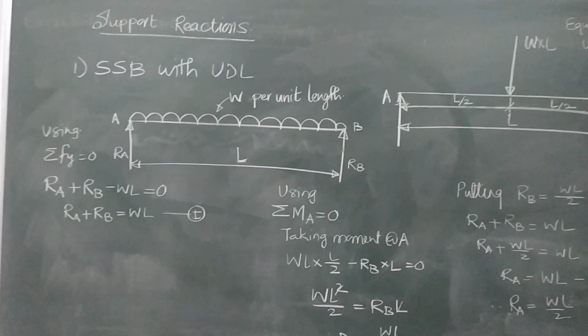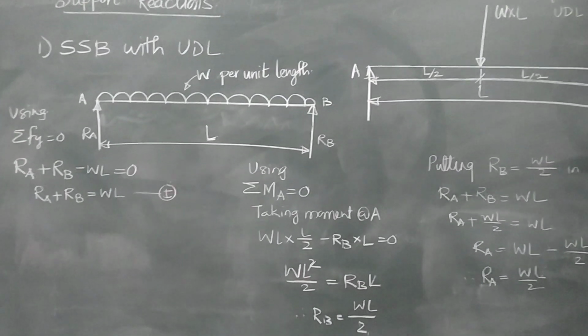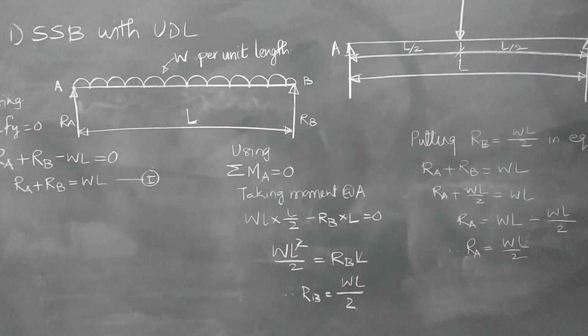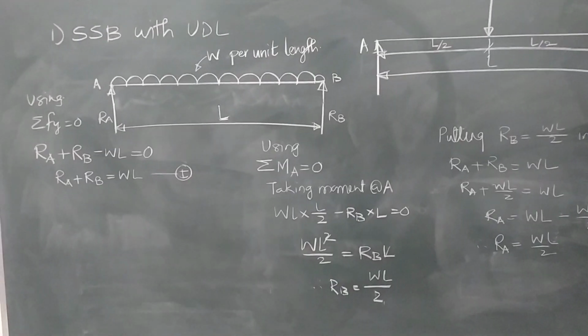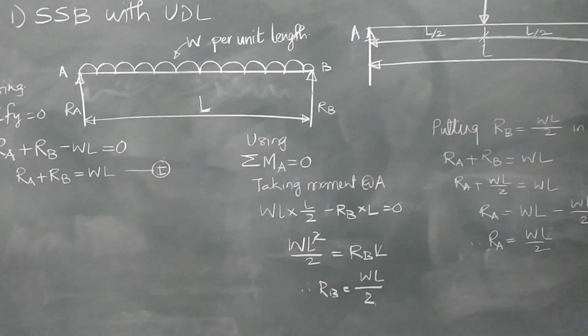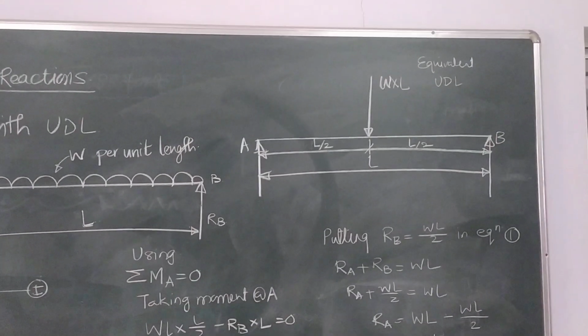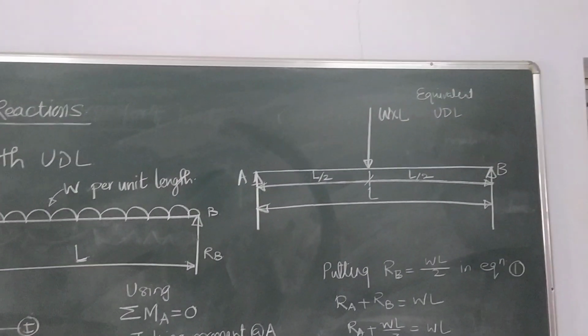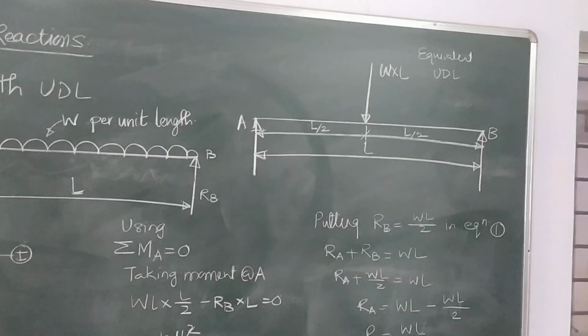Now, using the second condition for equilibrium, summation MA equal to 0, taking moment about A. So, this is our diagram. We are going to use this diagram for moment.